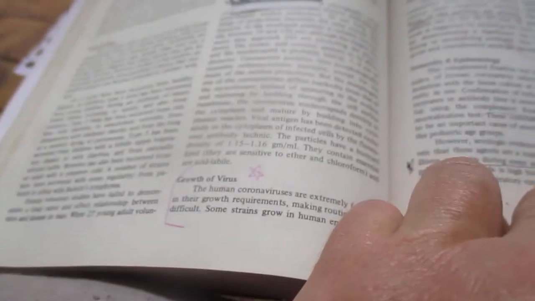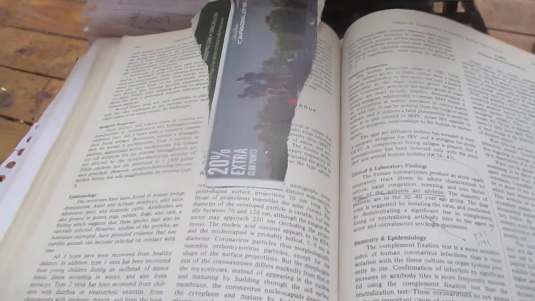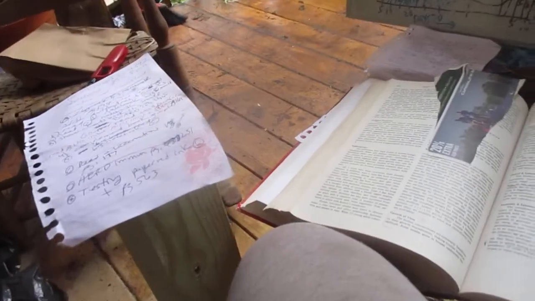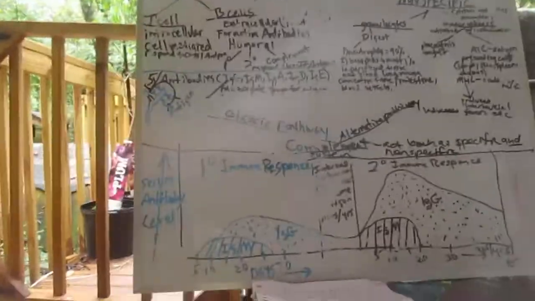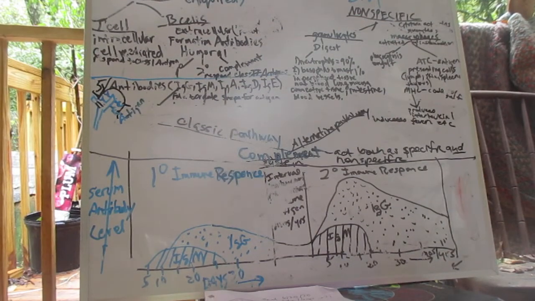So I'm basically questioning these little drive-by testing places, because even with a complement test, let's put this on the chart again and look at it.